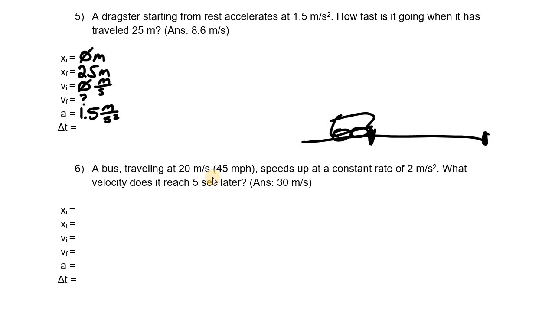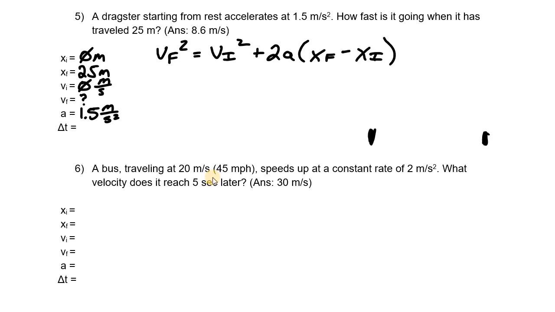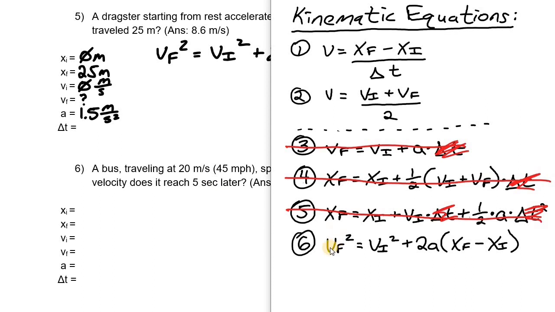So let's write that out right now. We have Vf squared is equal to Vi squared plus 2a times (xf minus xi). And always, always, always double check to see that you actually wrote the formula correctly. That would be an awful mistake to make, and I've seen students actually do that.